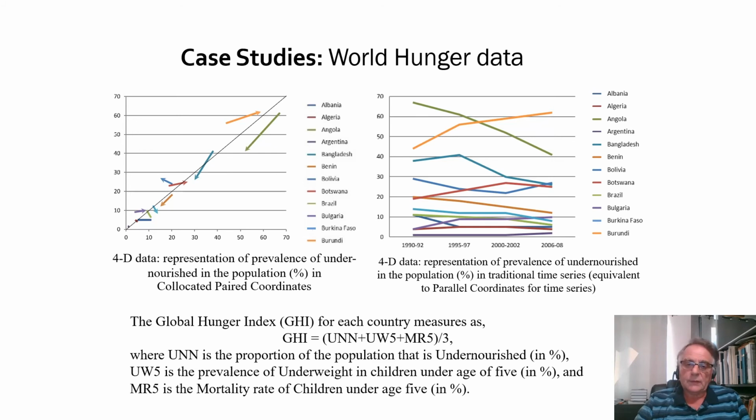While it's relatively easy to see the pattern on the few lines on top, they then cross each other and the pattern is not that obvious. In contrast, the same data visualized in collocated paired coordinates is much cleaner, and it is visible what is going on with the different countries.